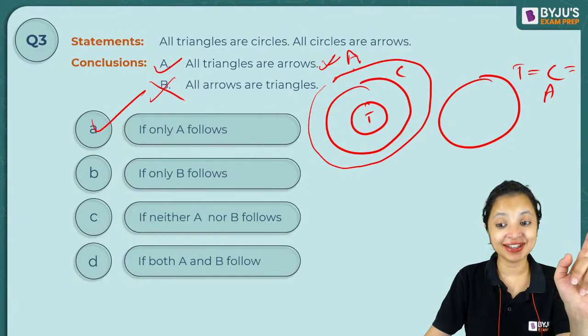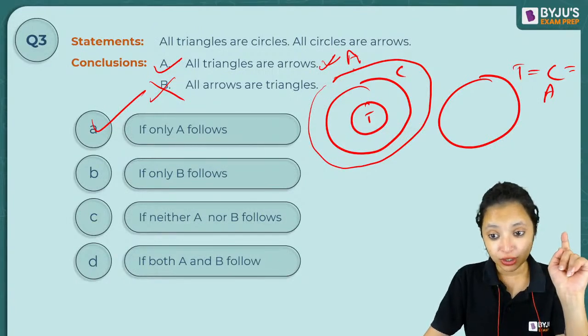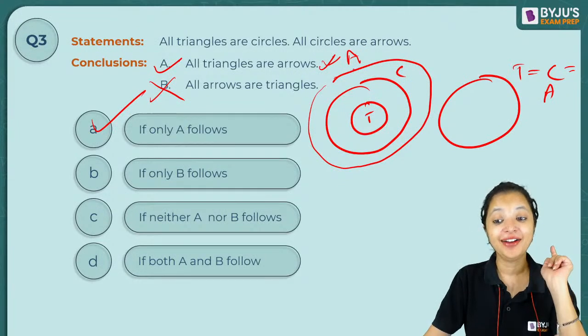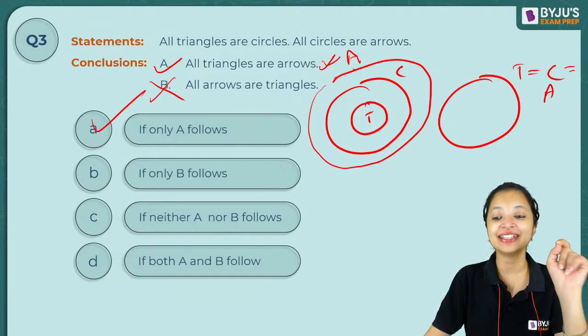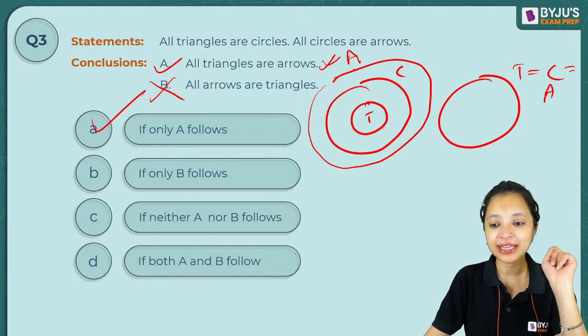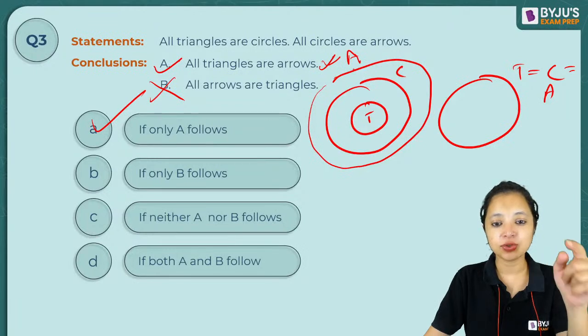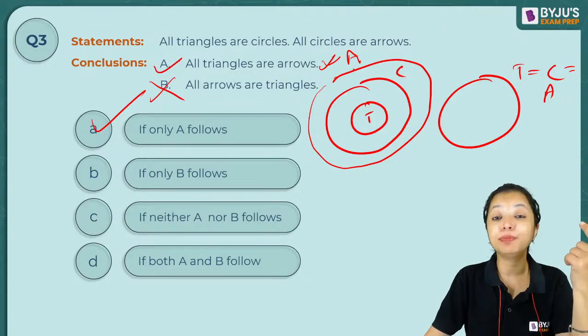Vaishnavi, did you get it? Believer, it's only A. Subhuti, you got that correct. Dia, you got that correct. The correct answer is only and only A follows. All arrows are triangles is only a possibility.